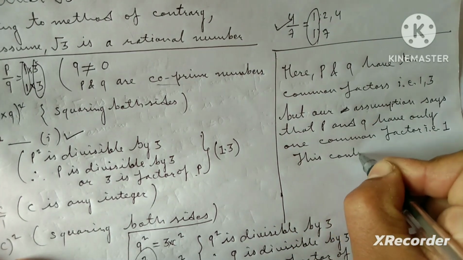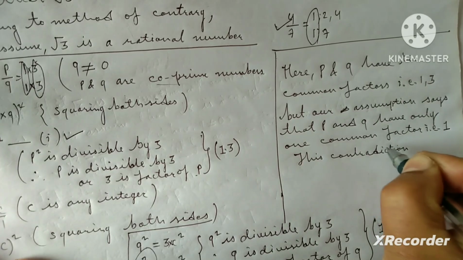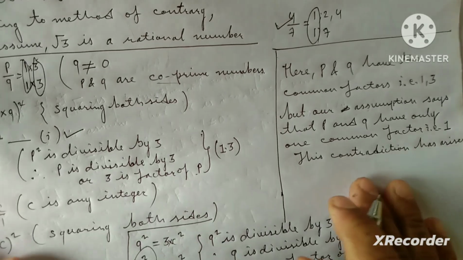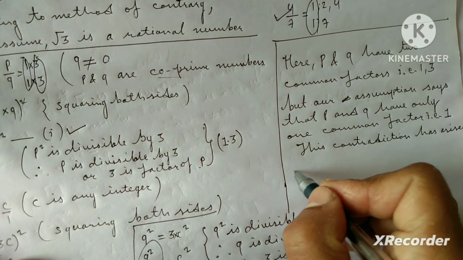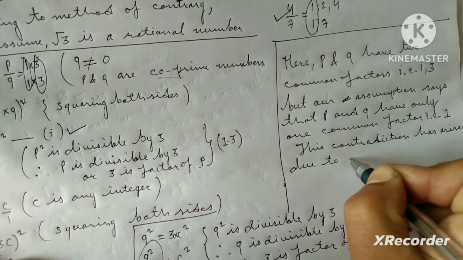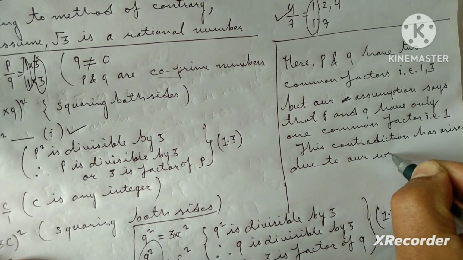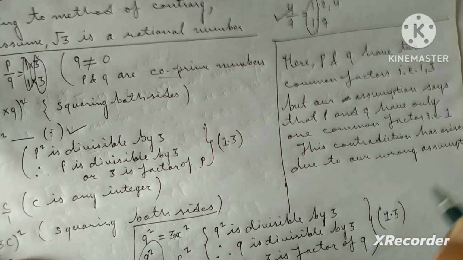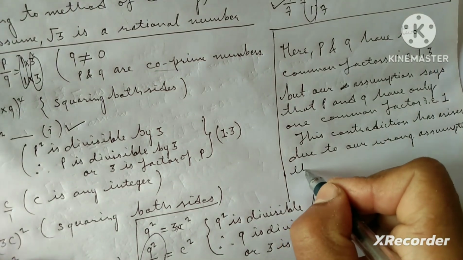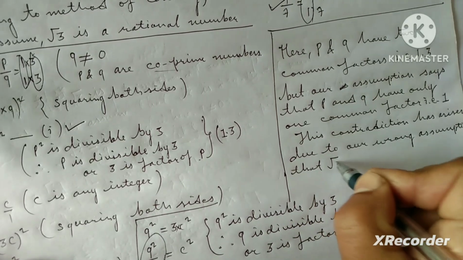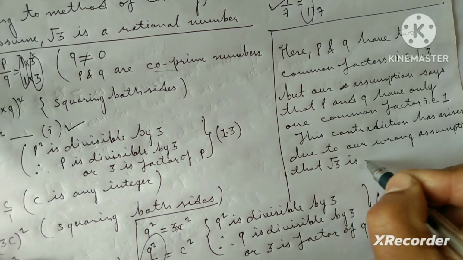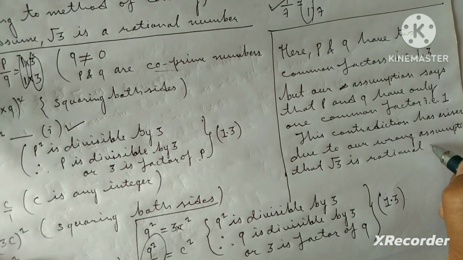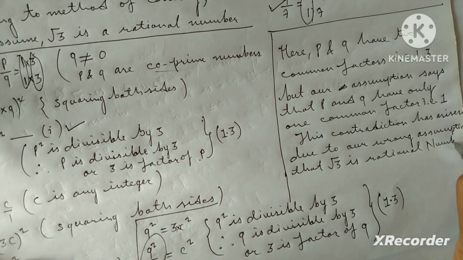So this contradiction has arisen due to our wrong assumption that root 3 is a rational number.